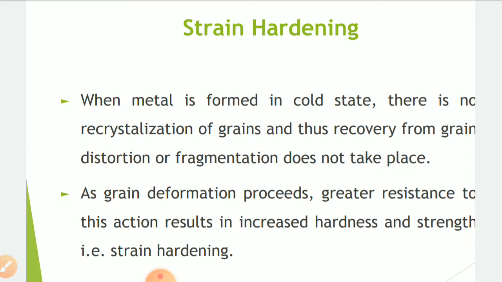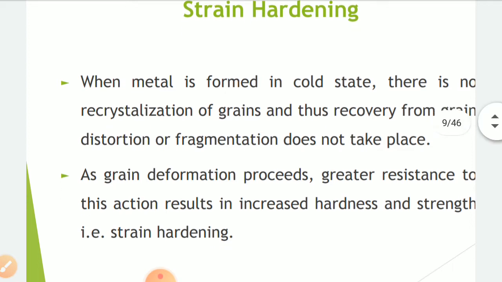You might have seen an iron piece: if you start hammering it, first its cross section will reduce, but after some time, if you continue hammering, it will start fracturing. That indicates there is a limit to cold work. You cannot go for more cold working.